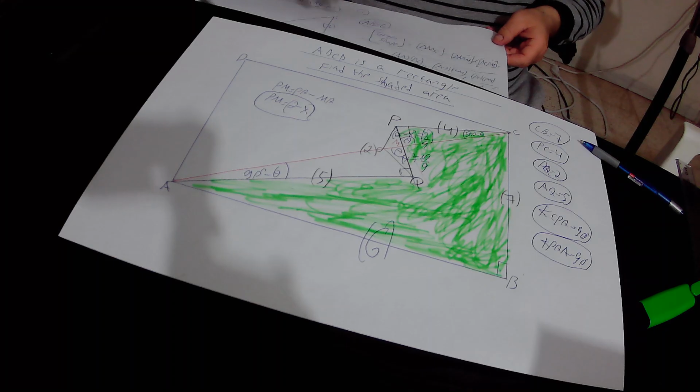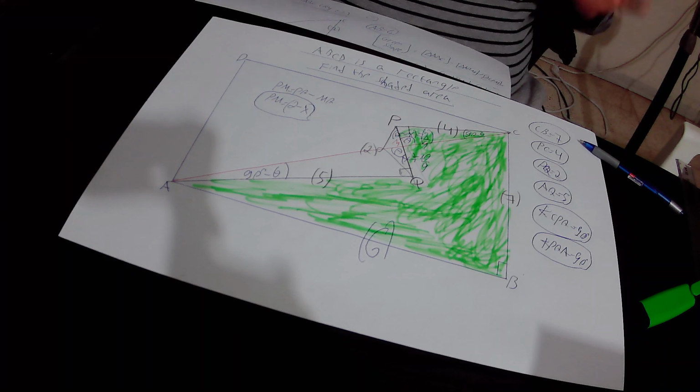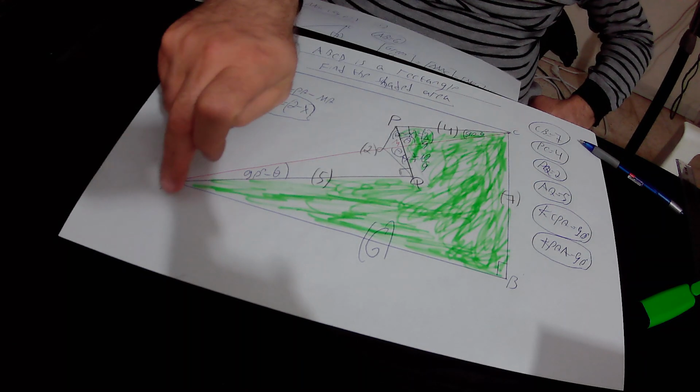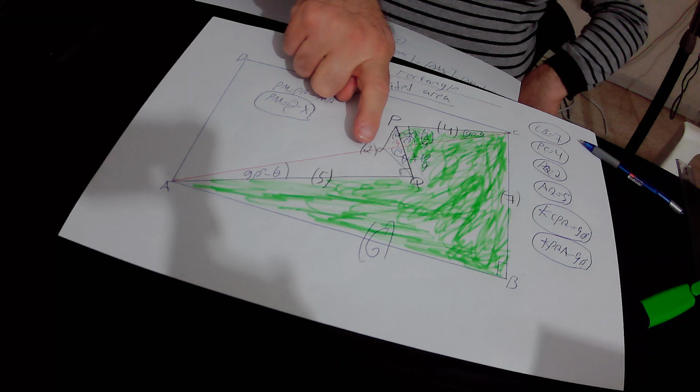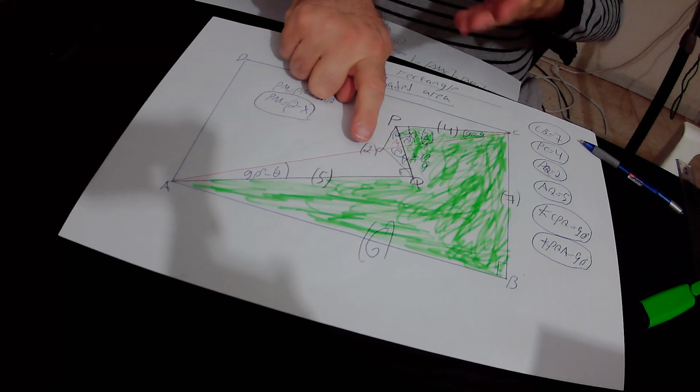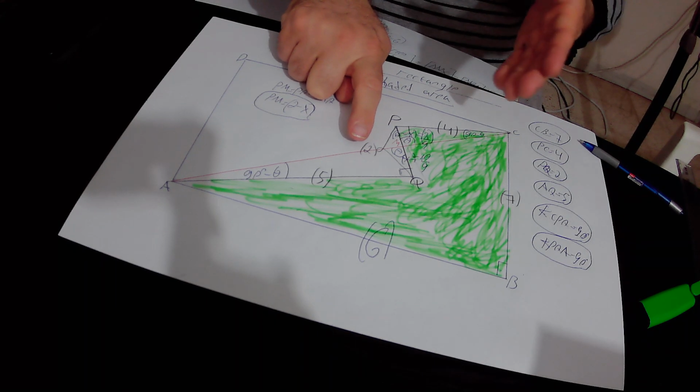So what is the area of the green shape? From the drawing it is very easy to see that the area of the green shape equals the area of the big triangle ABC, minus the area of the white triangle AQM, because we want to know the area of the green shape.